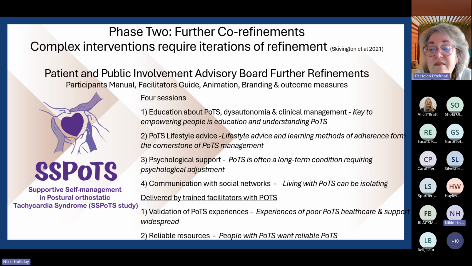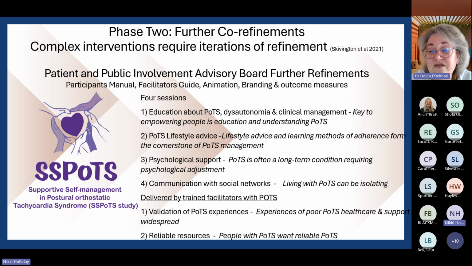Through the delivery with trained facilitators, we used that as validation of the POTS experience, because validation came out so high within the interview study. Again, it came out really important within the workshops. It was second above everything else. It came second in the nominal voting process.